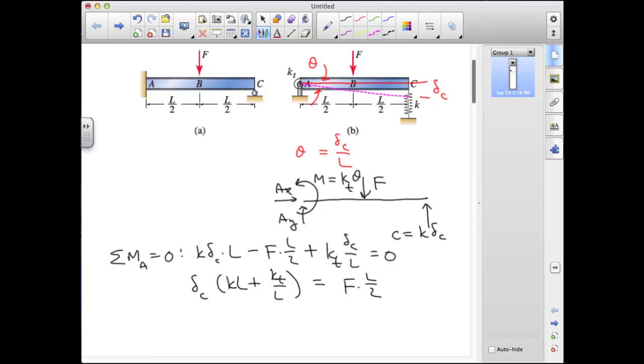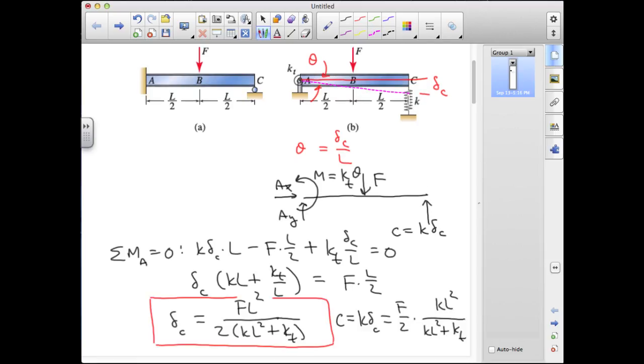And then if we multiply both sides by L and rearrange this, we end up with the deflection at C is equal to FL squared over 2 times KL squared plus the torsional spring constant. This in turn gives us that the reaction at C, which is K delta C, is half of the force times this ratio of KL squared to KL squared plus the torsional spring constant.